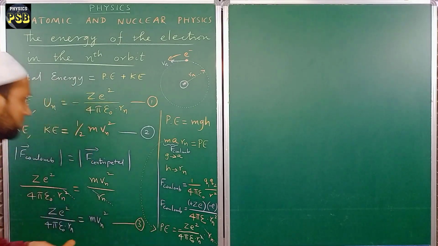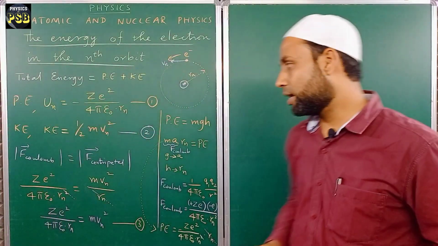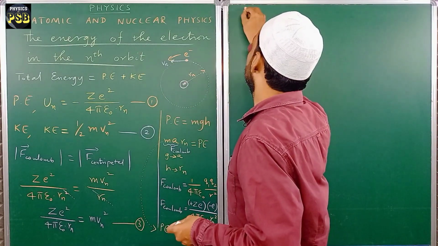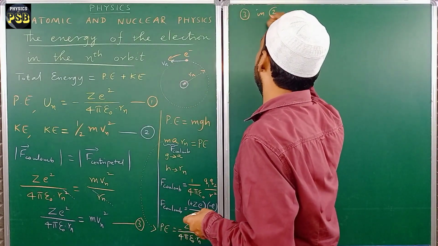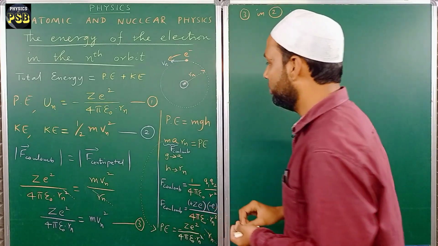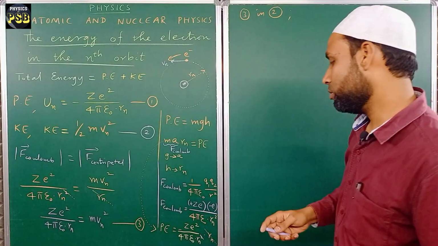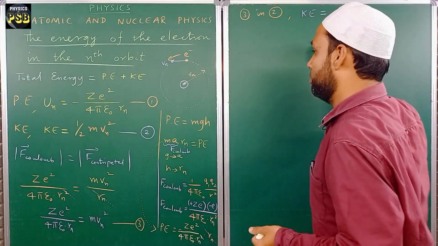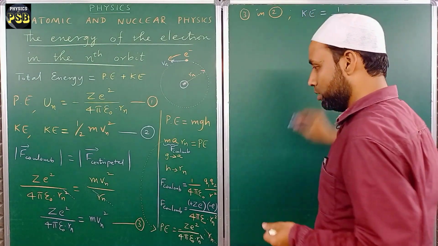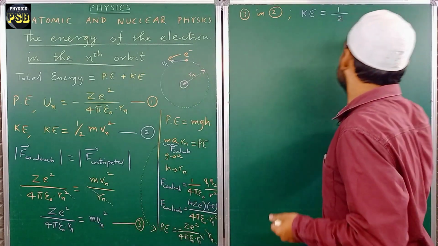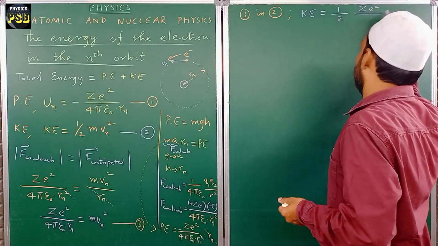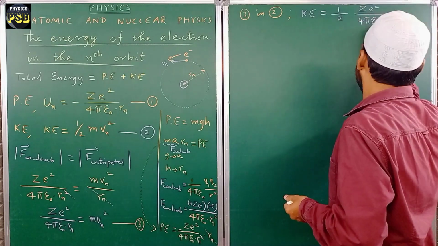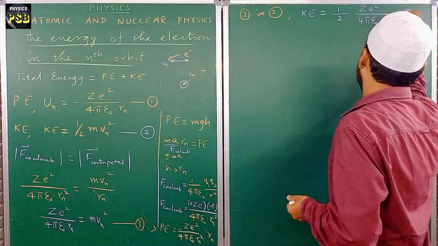Now I substitute 3 in 2 to get the kinetic energy possessed by the electron. What I'll get if I do so? The kinetic energy will become equal to half multiplied with this value, Ze² divided by 4πε₀ multiplied with Rn.